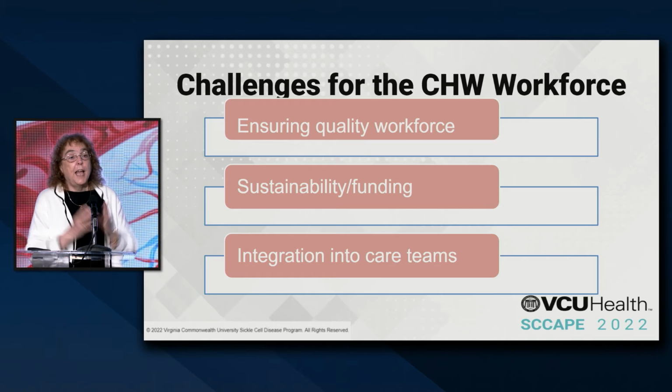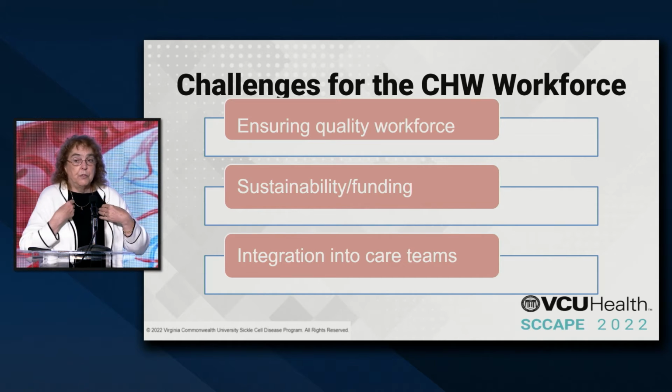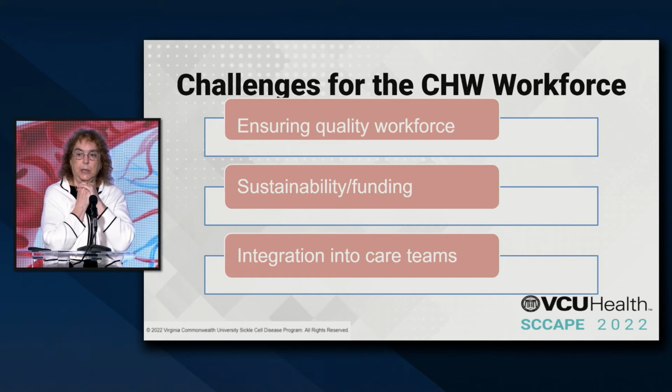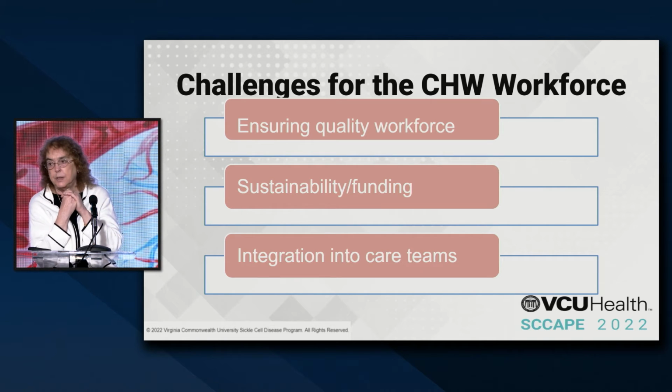Let's discuss the challenges for this somewhat new workforce, the community health workforce. The first is ensuring a quality workforce. Oh, this is a big one. We could have a whole session on that. As professionals, those of us who are nurses and doctors and social workers, we can get pretty concerned: who is this person and what are they going to do? They're going to go in the home and make some kind of stupid remarks, and are they going to do this and that?